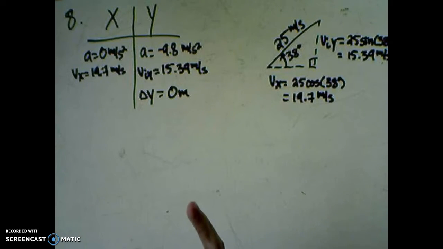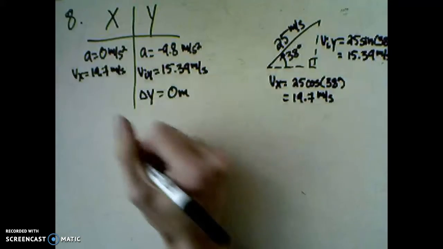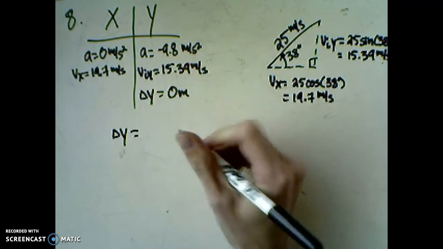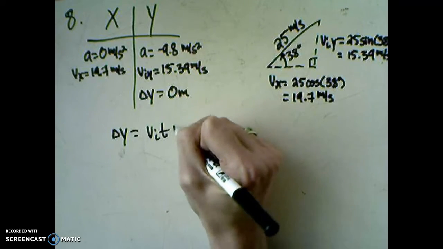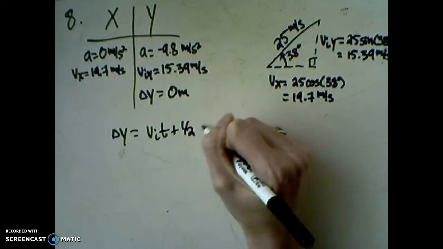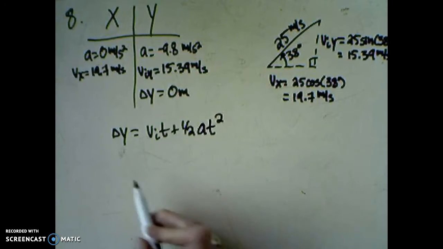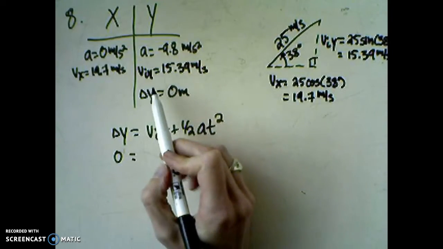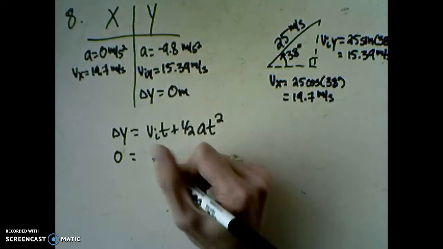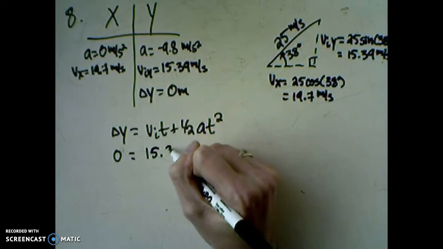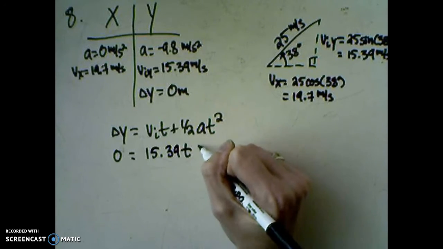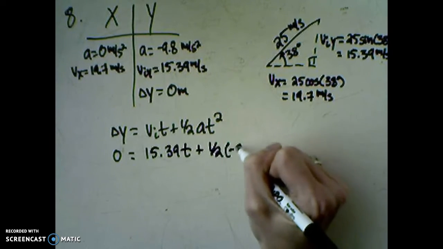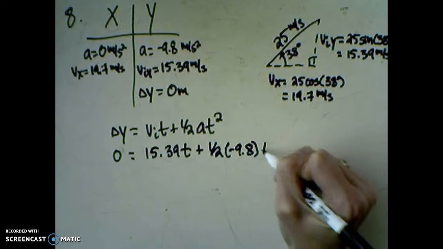We're going to have the same approach as we did on the last one. We're actually going to solve for time first to figure out delta x. So, using our oh-so-friendly delta y equation of v_i t plus 1/2 a t squared, we know that delta y is 0. We know our initial y velocity, so we have to use the y values here: 15.39 t plus 1/2 times negative 9.8 times t squared.